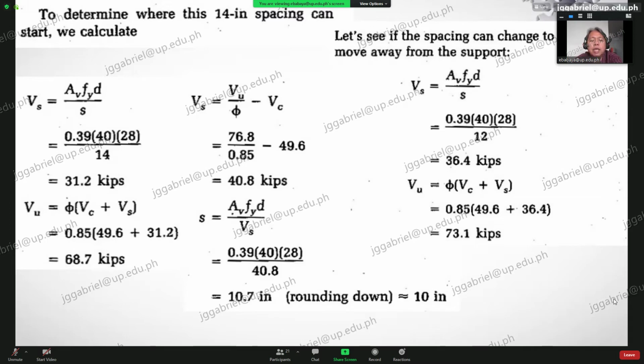That's 40 KSI. So therefore, what you will get is kips already. Kips na kaagad to kapag ito yung pinultiply ninyo. Now, if we will make a dimensional analysis, your VS would be 31.2 kips.